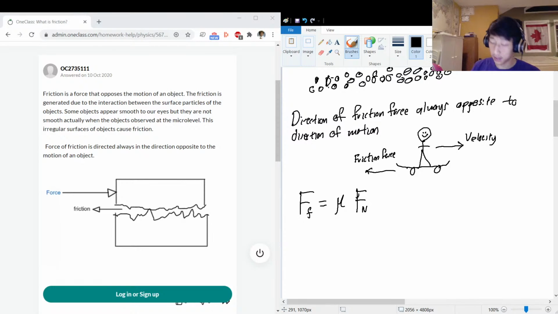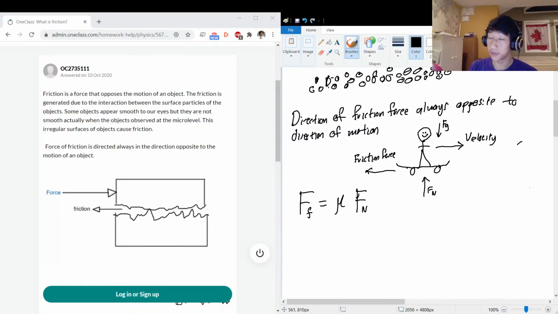The normal force, Fn, is the force that the ground pushes back up on the skateboarder, and in this case it is perfectly equal to Fg, or force of gravity. But if you have slopes and stuff, the normal force is not going to be equal to the force of gravity. In those situations, you will need to do some cosine and sine type math.